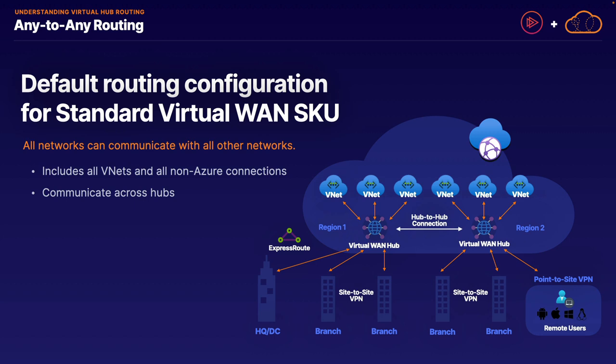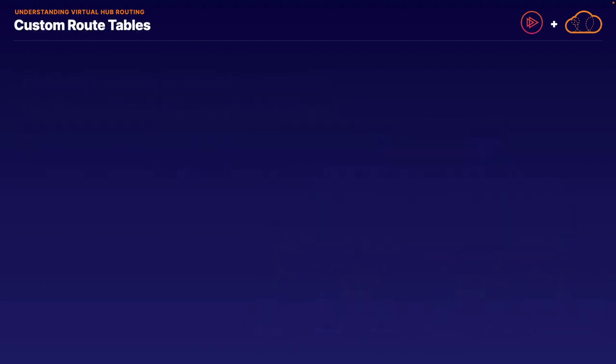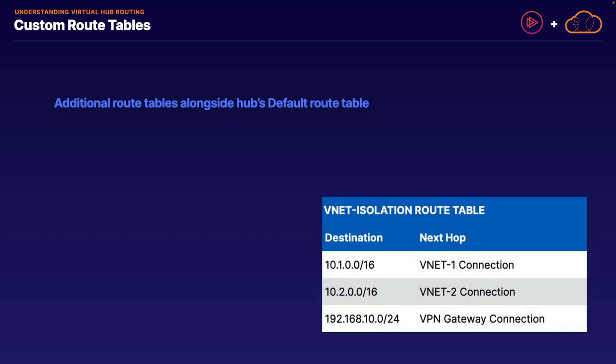Pretty simple concept. With that in mind, you also have the ability to create custom route tables as well. Maybe you don't want everyone to talk to everyone else. Maybe you want even more customized routes between networks or even different groups of networks. For this, you can create custom route tables inside of each individual virtual hub. These are custom route tables that sit alongside a hub's default route table.